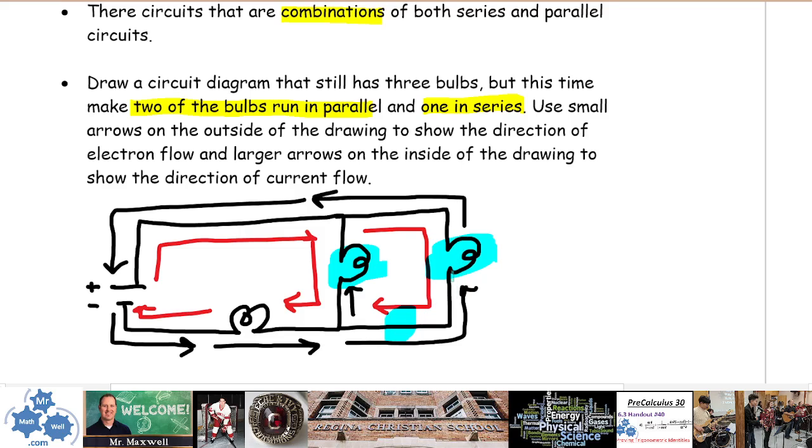That wouldn't be maybe as good, but this would probably be your best bet. So if the electrons are flowing here, and they're flowing out here, they only have 1 path to choose to get to this light bulb. Only 1 path. Here they have a choice, so that means that these 2 bulbs, where the choices are, are in parallel. So this one's in series, these 2 over here are in parallel.